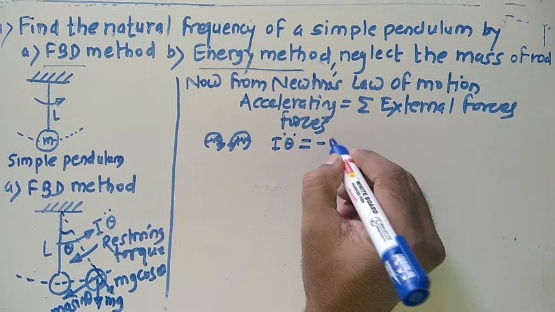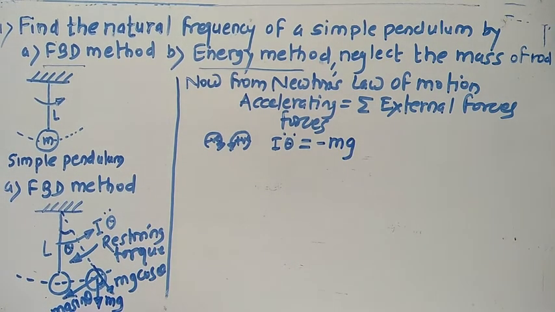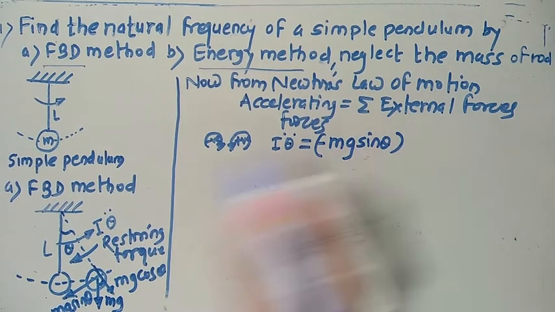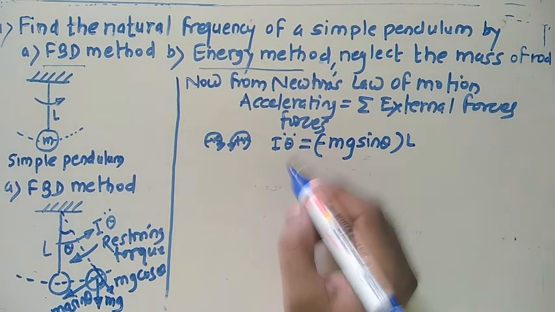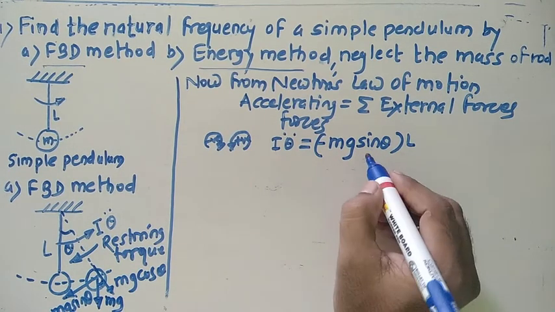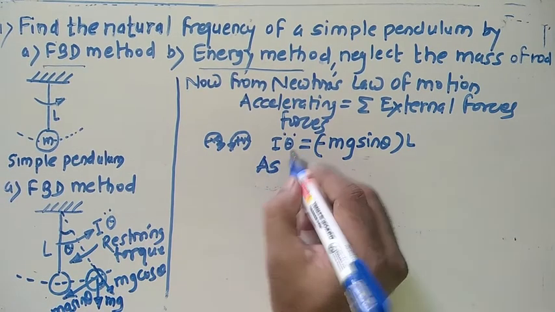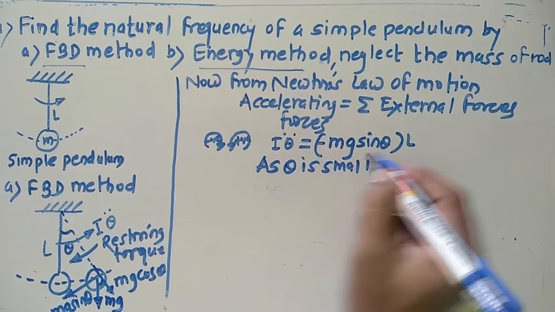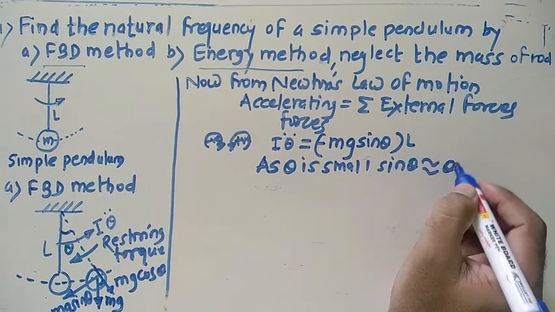What is its magnitude? mg sin theta multiplied by the distance, the length of this pendulum, L. Now as theta is small, sin theta for a small angle is equal to theta.